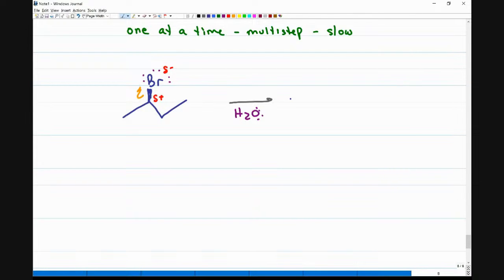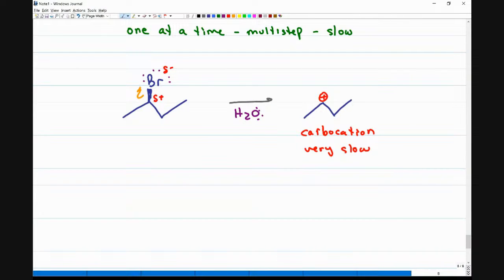The amount of time it takes to break off is a really long time, and that makes this a very slow step. This right here is the carbocation, and the carbocation formation is very slow. This is the rate determining step of the reaction. Everything else is going to happen really quickly as a result.